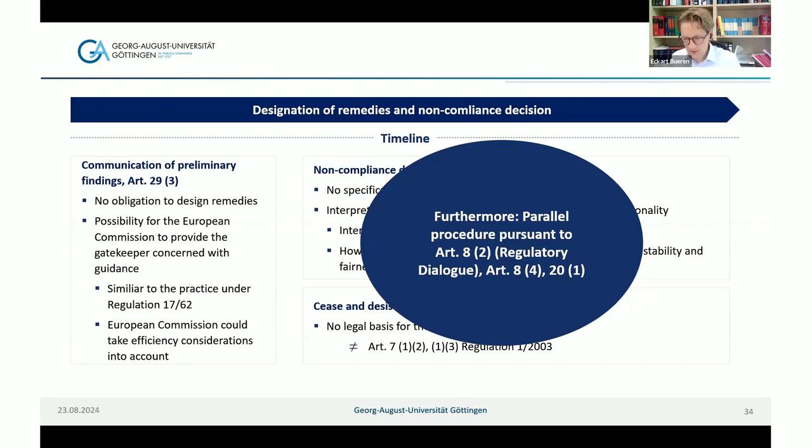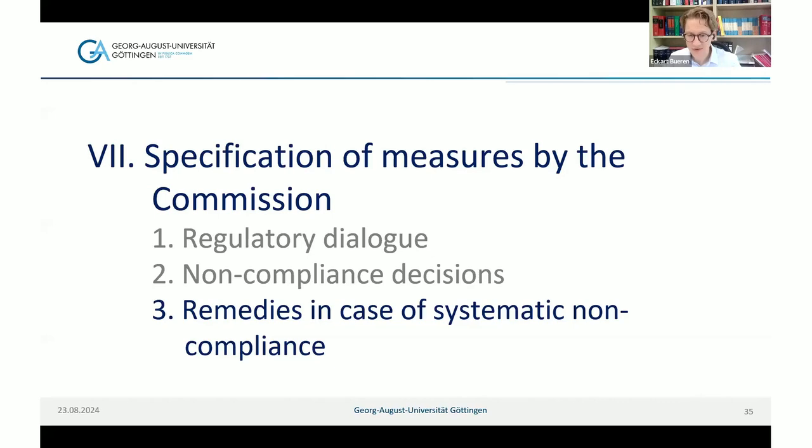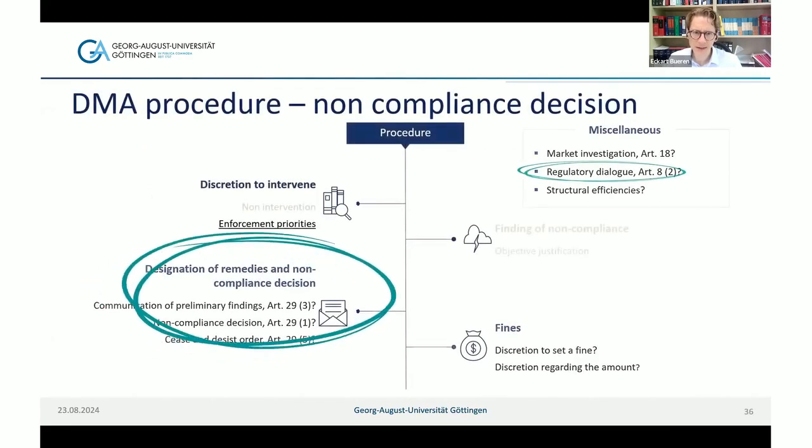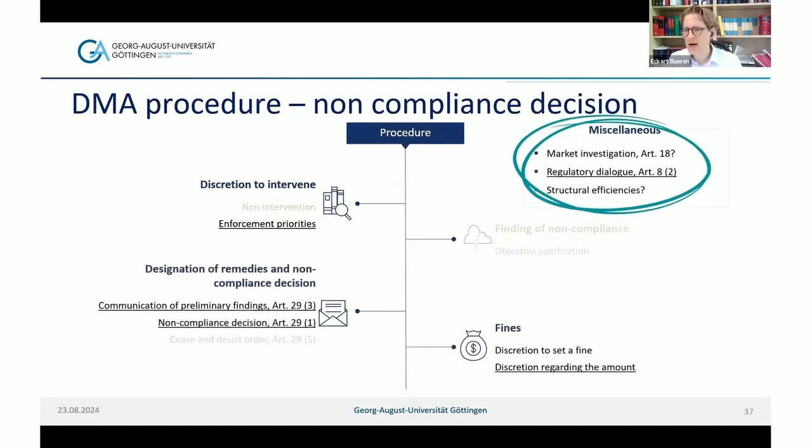So then we have a third enforcement scenario. This is remedies in case of systematic non-compliance. So this is here in the market investigation scenario, Article 18. So this is again a peculiarity of the DMA because the DMA says, you have 3 strikes.